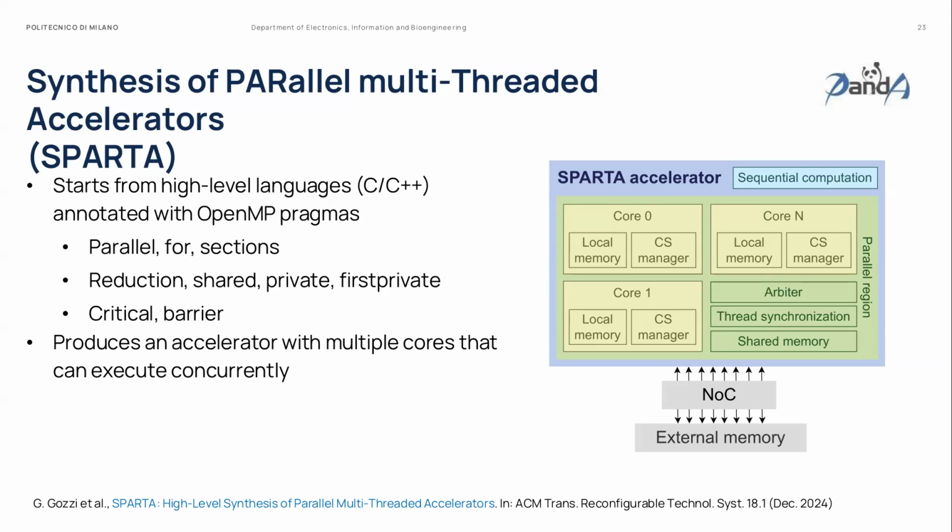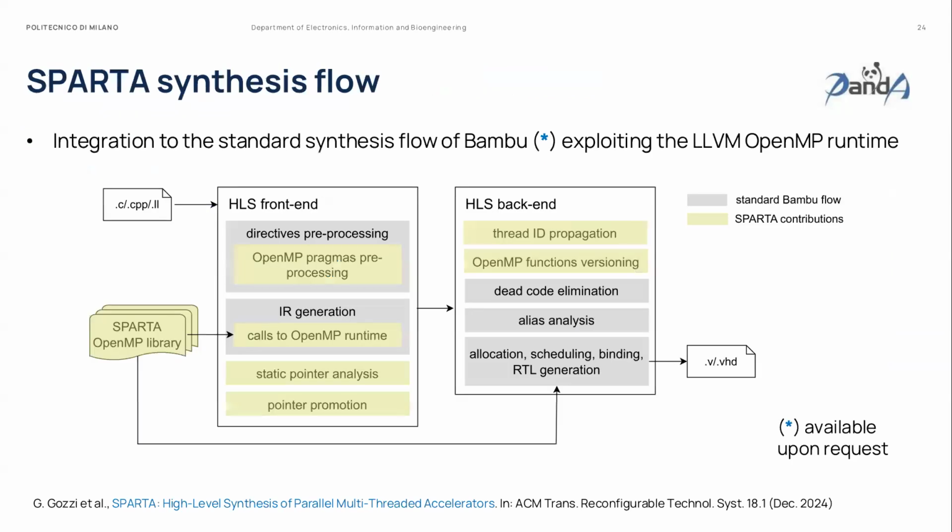So in the final architecture, you have a lot of cores with local memory, and then you have some sequential computation that is the one outside of the parallel regions. And then there's a NOC that goes to external memory to allow all of these cores to access data independently. It's integrated in the standard Bambu synthesis flow.